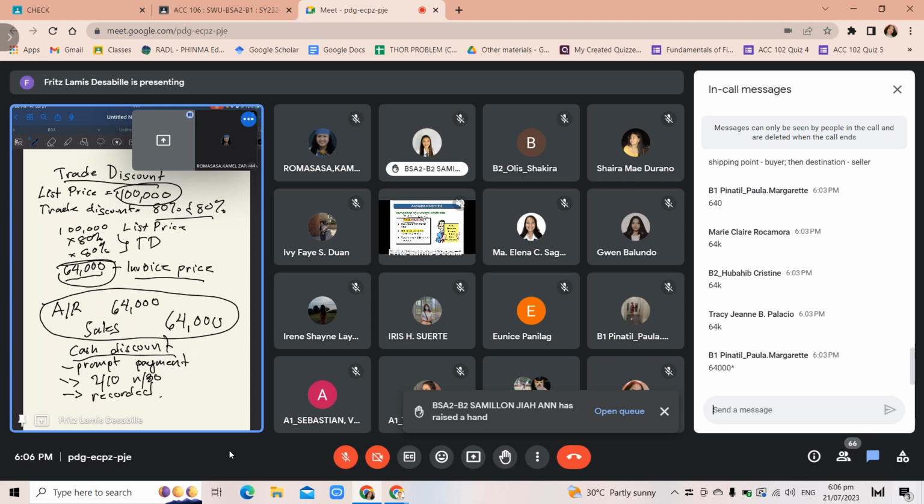Say the customer avails of the discount and we receive cash. How much cash did we receive if the 2% discount was availed? That's 62,720.